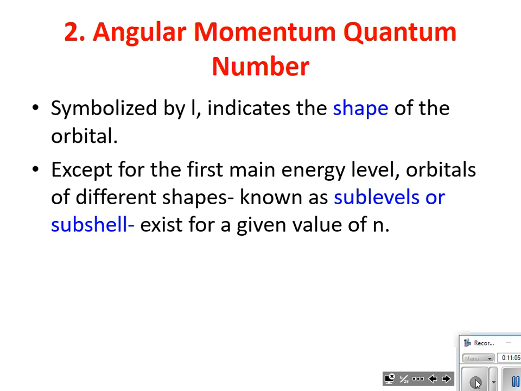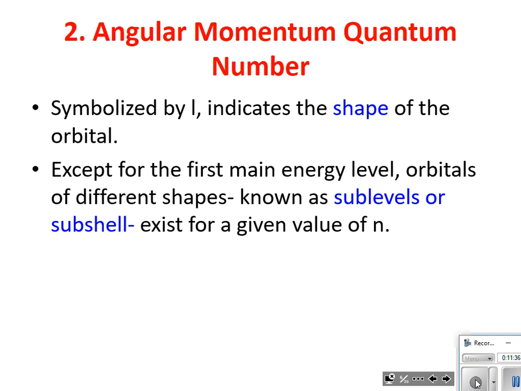Except for the first main energy level, orbitals of different shapes are known as sublevels or subshells. These exist for a given value of n. So, we will have main energy levels, which is n, and then we will have sublevels.